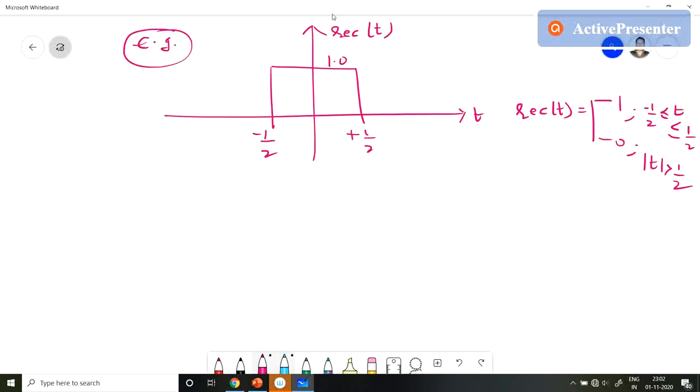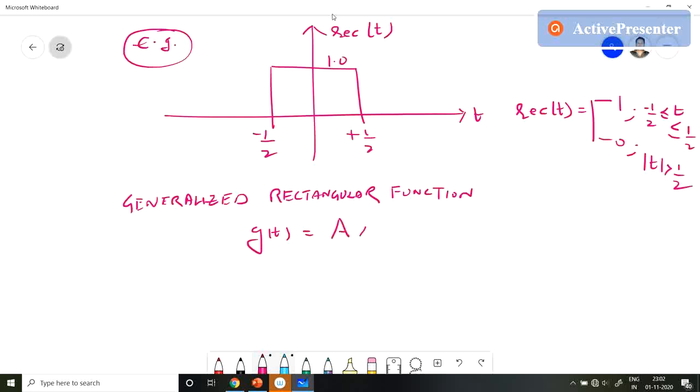Now the generalized rectangular function is written as, let g(t) be the generalized rectangular function. It is written as A rect(t divided by capital T).